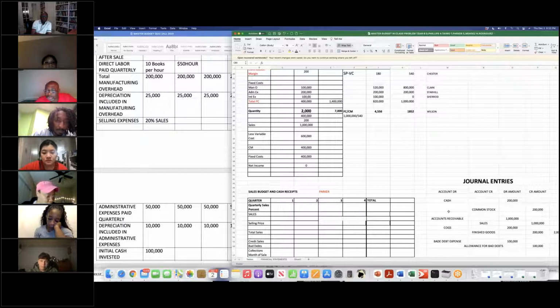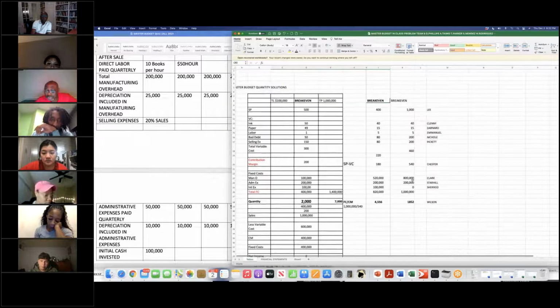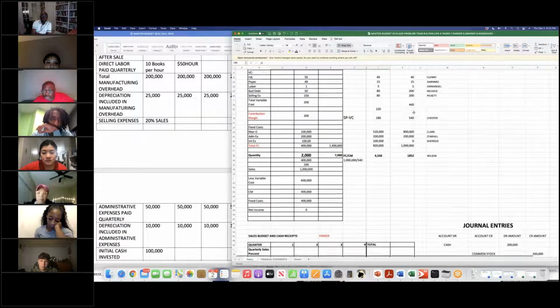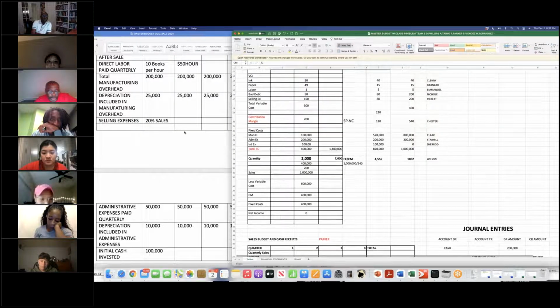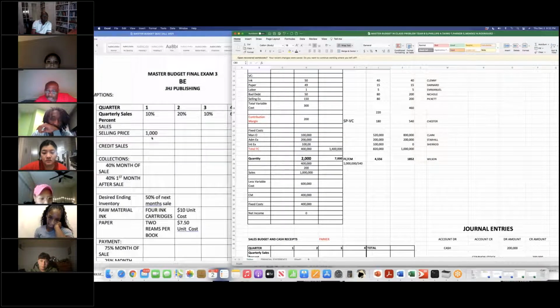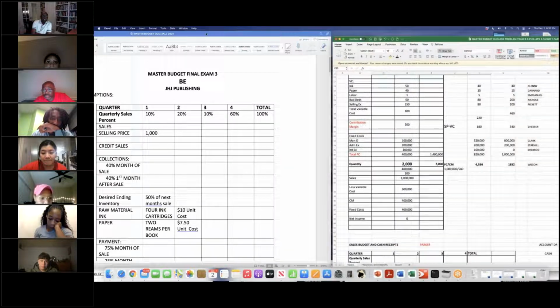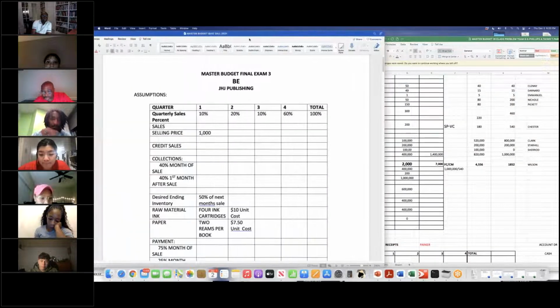No, it says sales at the very top before selling price, but that's blank. So, you change the selling price to 1,000 at the very top. Here? We just changed it to 1,000 and we said all the sales were credit sales.